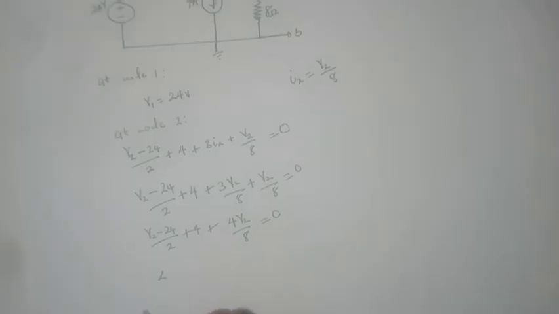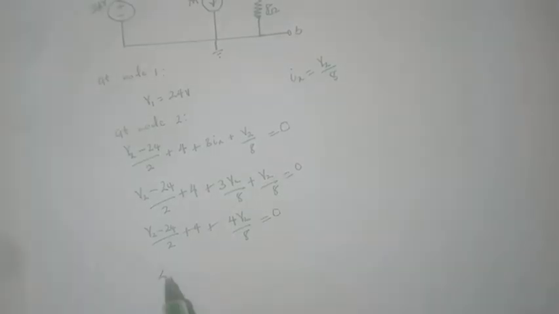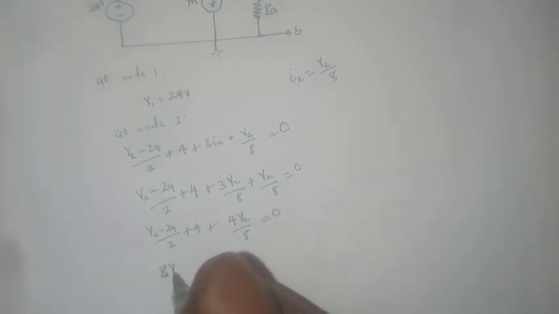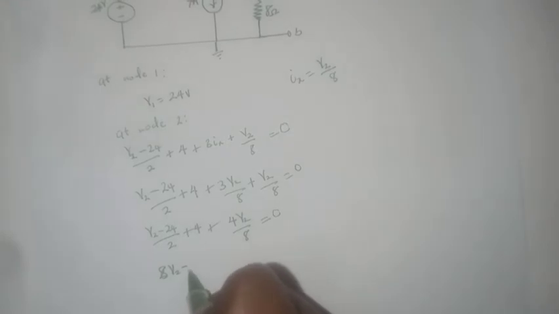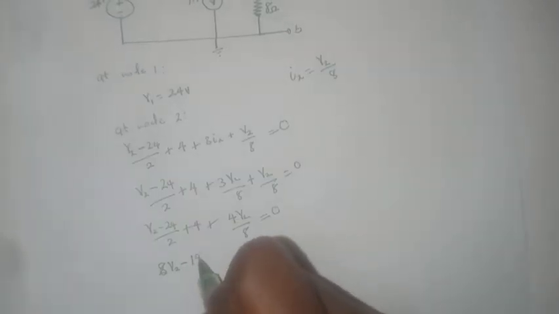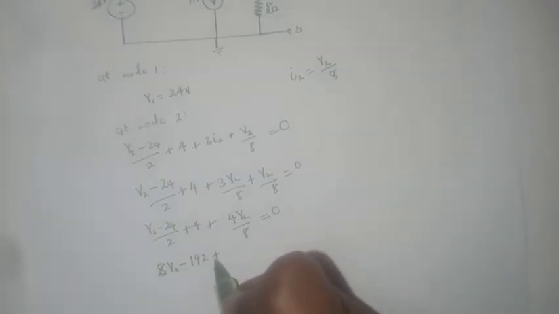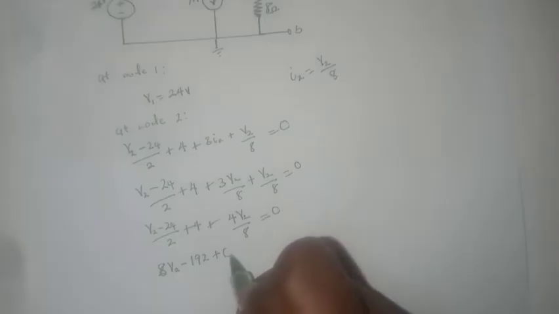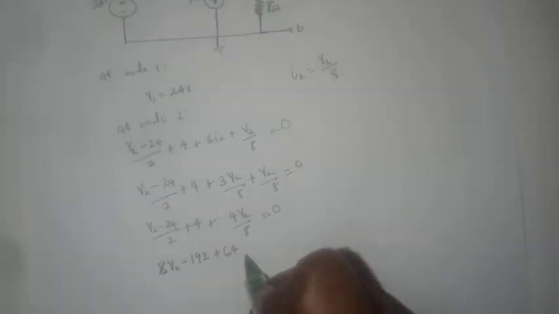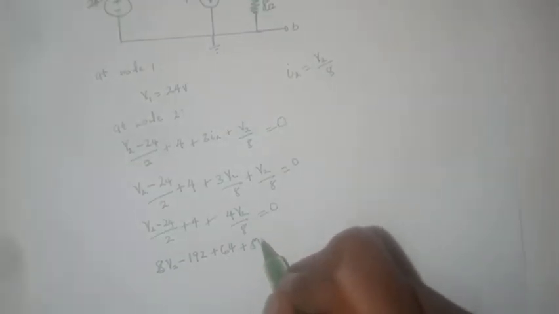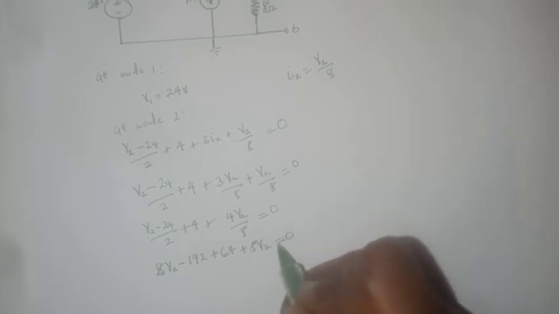Then multiply through by 16, and we would have 8V2 minus 192 plus 16 times 4, that would be 64, plus 8V2 all equals 0.